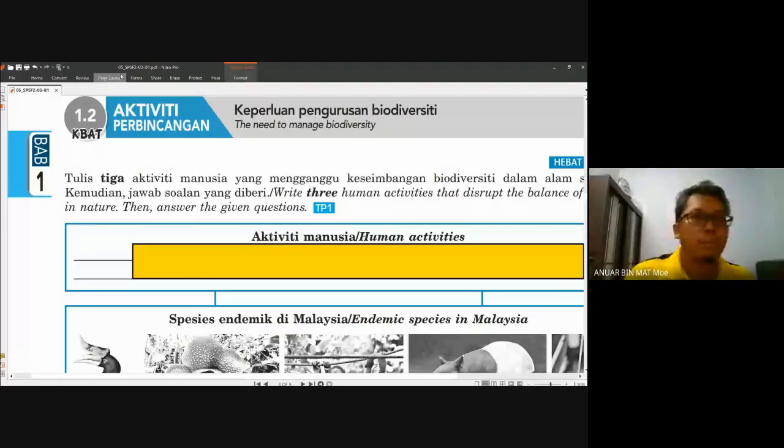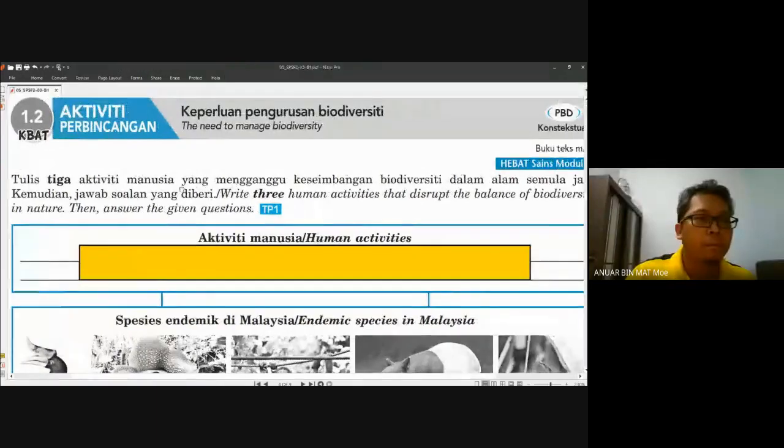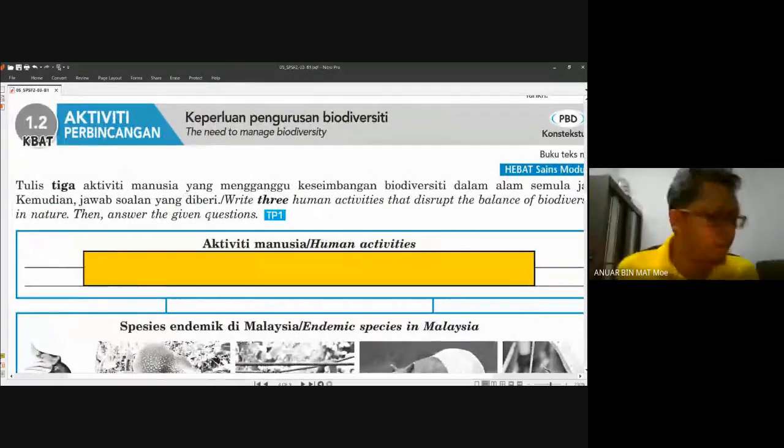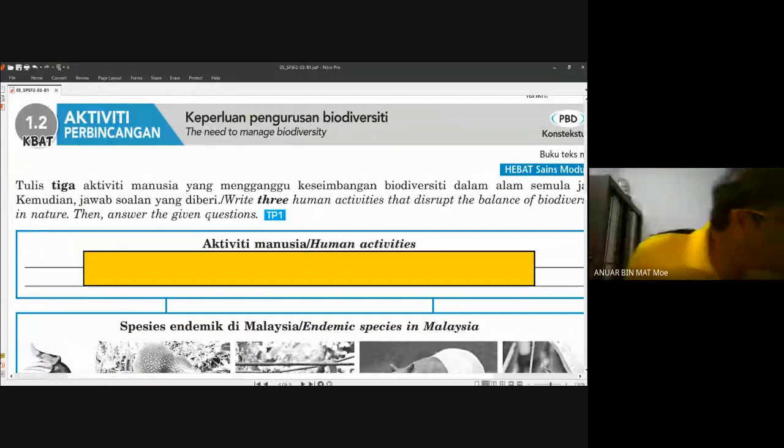Okay, page 4, activity 1.2, the need to manage biodiversity.